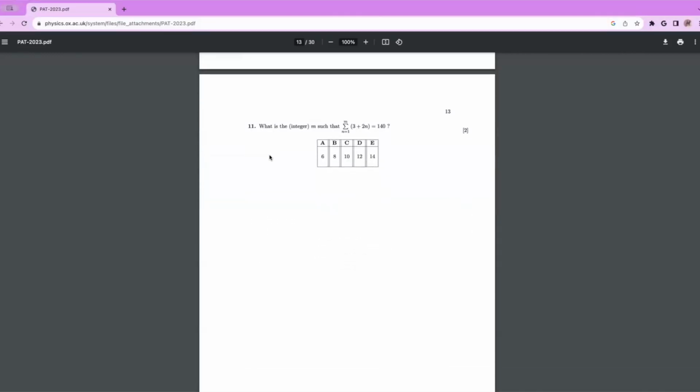What is another math one. What is the integer m such that the sum from 1 to m of 3 plus 2n is equal to 140? Okay, if you know stuff about arithmetic progressions, this is pretty simple. First we can use a property that says you can split the sum.